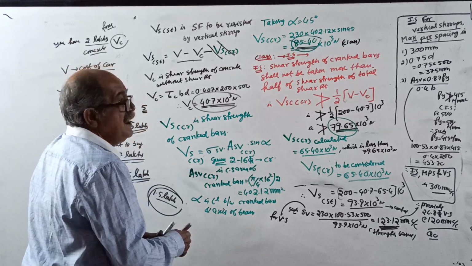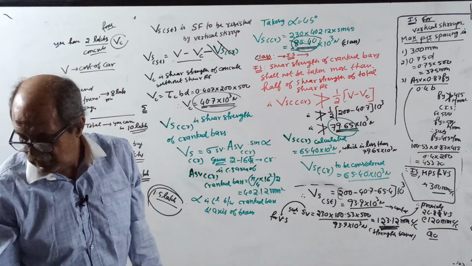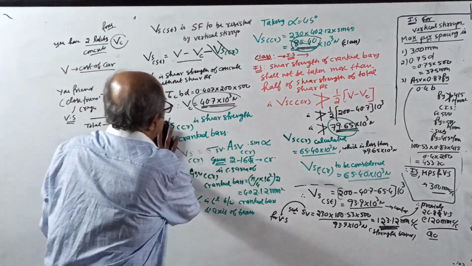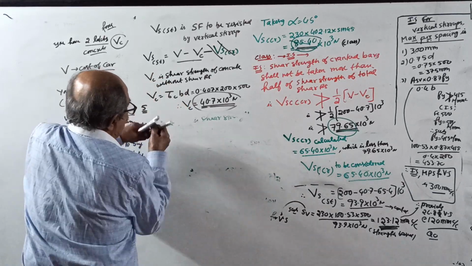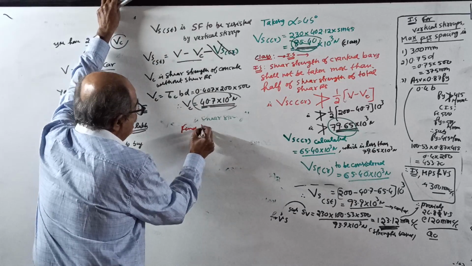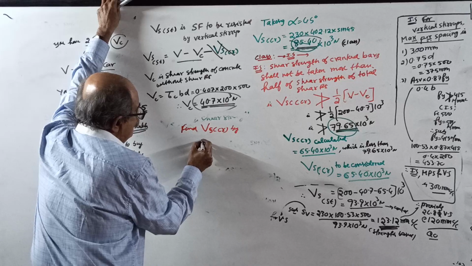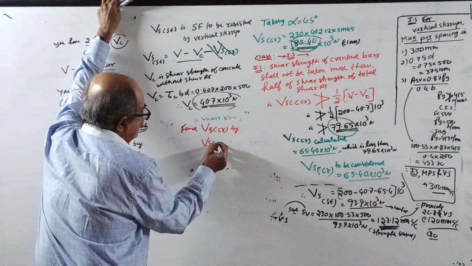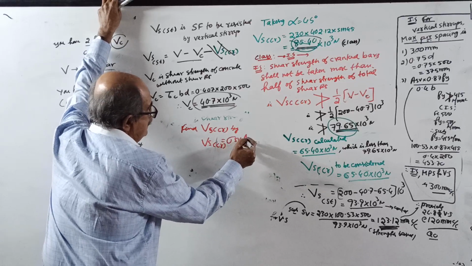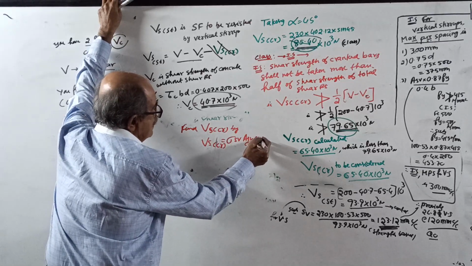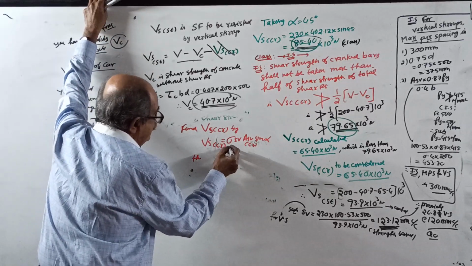Or finally you can do one thing. To avoid all this confusion, I will tell what to do. A single statement, I write here, correctly write. Find VSCR by the formula VSCR equal to sigma SV ASVCR sin alpha. Then find that value.